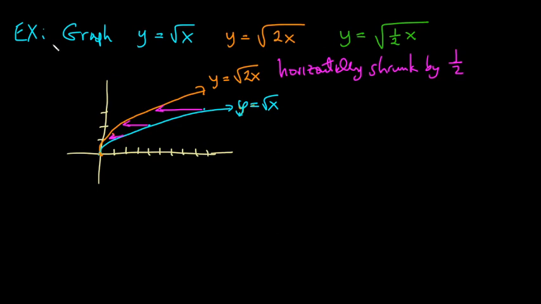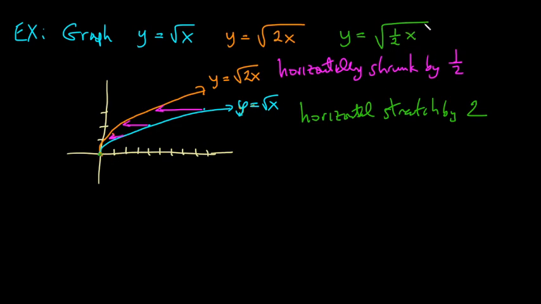So for the green graph, it's going to be the opposite. If you multiply x by 1/2, it's going to be a horizontal stretch again by a factor of 2, 1 over 1/2. So now, again, we still have 0, 0.